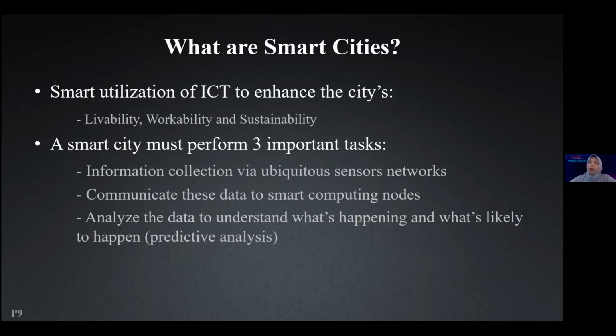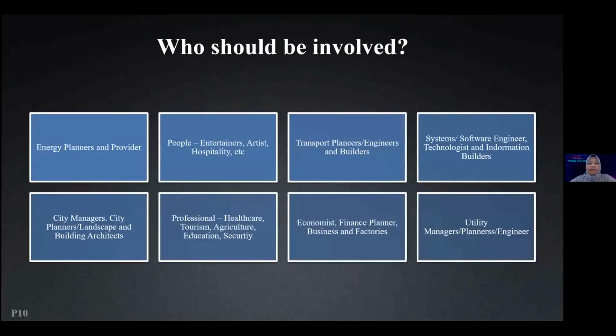Now, the question is, who should be involved in adopting smart city concepts? All stakeholders surrounding the smart city, either direct or indirect stakeholders, must take part in the development of a smart city. On the other hand, citizens must be included in a smart city because citizens are a key element of smart cities as they form such a city through continuous interactions.